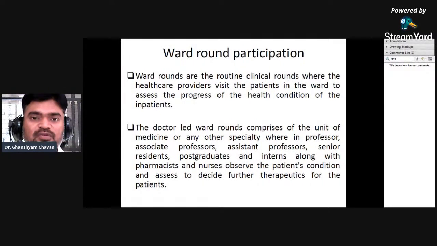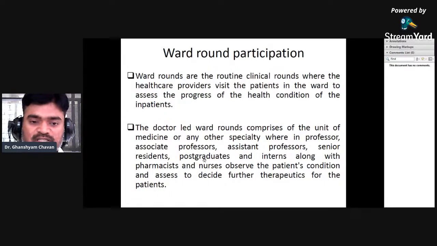So the professors, who may be from the pharmacy field or the medical field, are also involved in the rounds: professors, associate professors, assistant professors, senior residents, postgraduate students, and interns along with the pharmacist. These are all faculties, and the postgraduate students may be from the pharmacy field or the medical field.